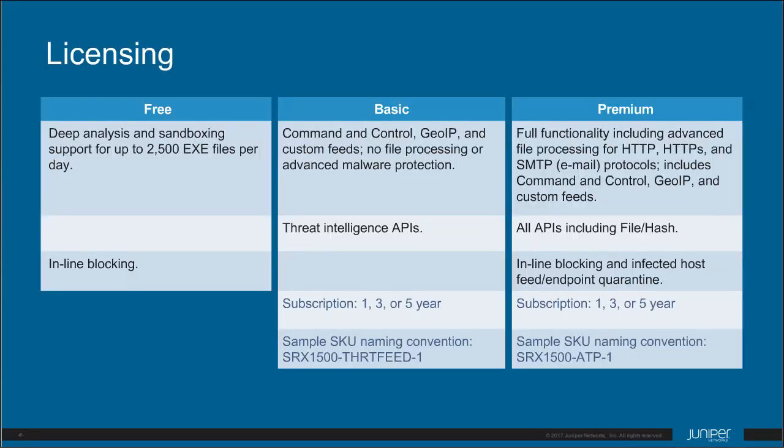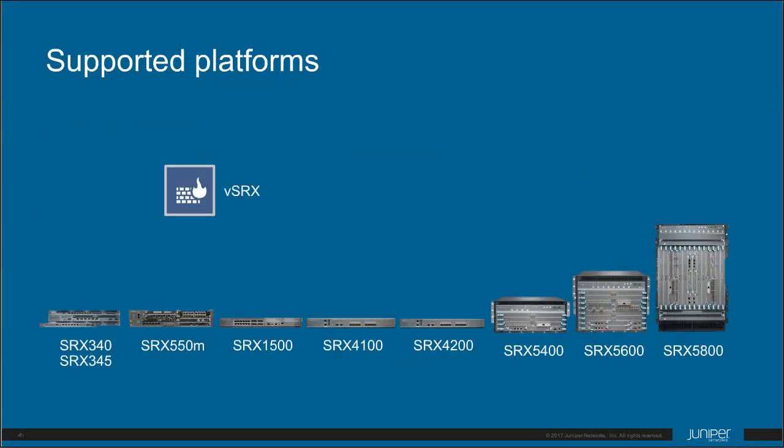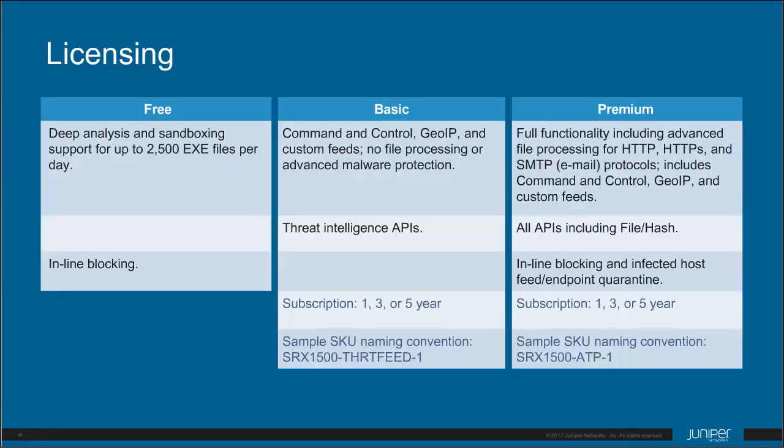Now, in terms of licensing, we have three models: the free model, the basic, and the premium one. The free model can be used by any customer who has purchased an SRX that is compatible, so that it fits in one of the platforms we have seen in that slide. If it's any of these SRXs, then they can get the free version for trial.